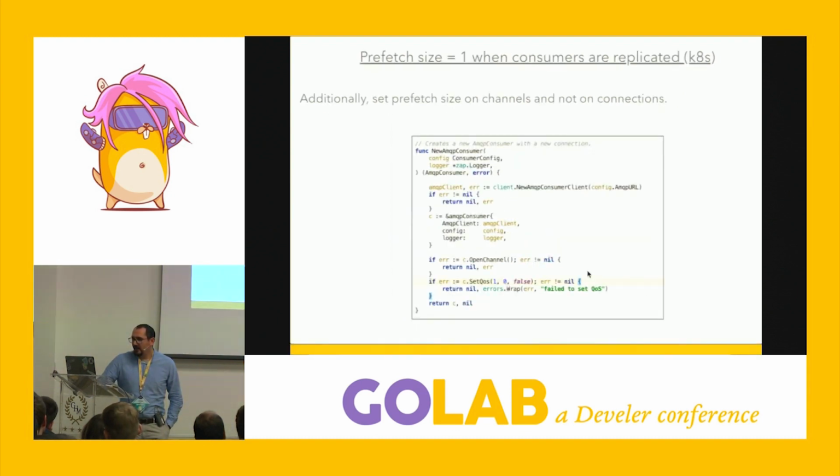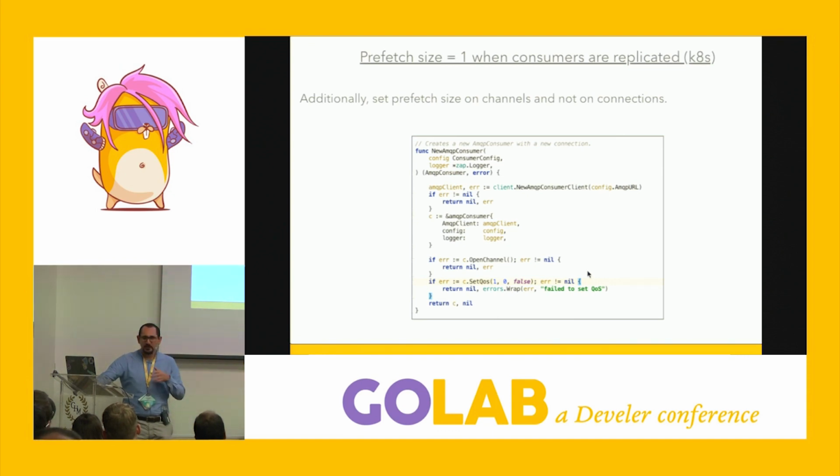And finally, this is maybe one of the most advanced features that you have in RabbitMQ, which is the prefetch size. The prefetch size is an option that allows you to control the amount of messages or bytes that are allowed to stay on the wire before receiving an ACK from the consumer.